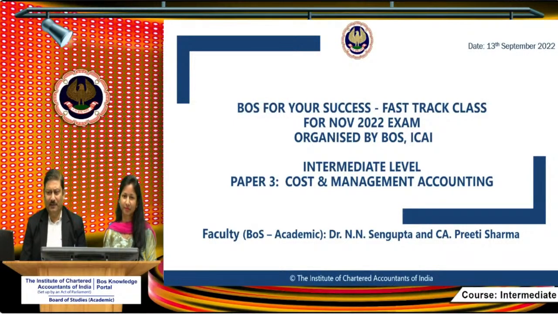As far as the numericals are concerned, we'll be discussing numericals of a few chapters. First of all, marginal costing. Then budgetary control. We'll be discussing joint product by product. We'll be discussing a question of contract costing, particularly related to escalation clauses.